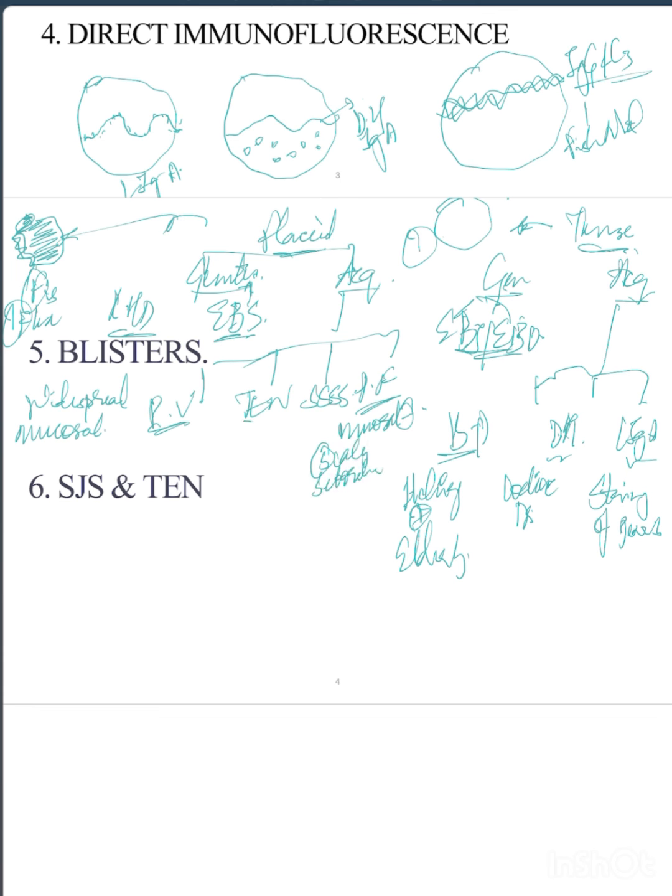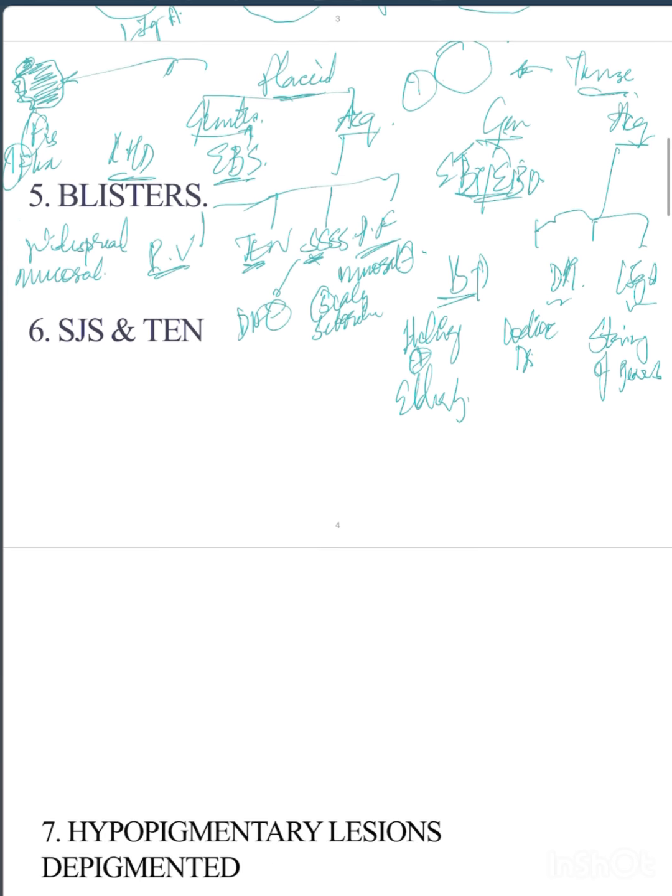Okay, TEN, toxic epidermal necrolysis, I'll talk about it later. Staphylococcal scalded skin syndrome is a part of infectious disease which usually presents in children, and it is also scaly or seborrheic here also. But remember that there will be no immunofluorescence test positive in this. Okay, so I'll talk about SJS and TEN.